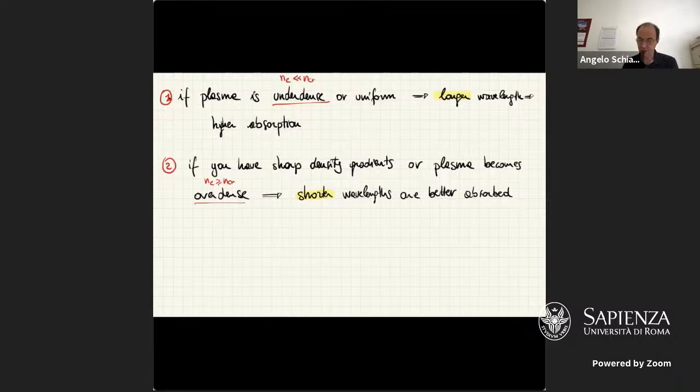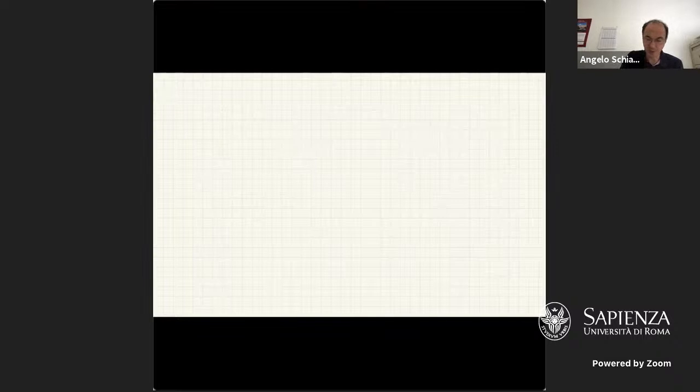let's change over to the last topic on waves. We change the framework completely, and we move to a wave that involves the magnetic field only, and the speed and the bulk of the electrons only.